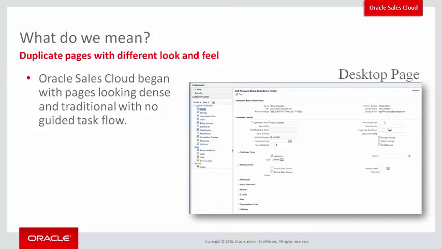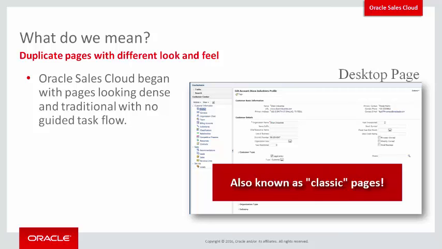First of all, what exactly do we mean when we talk about the simplified pages? Well, Oracle Sales Cloud began with a user interface consisting of pages that looked fairly dense and traditional, with no real guided task flow. They're the original desktop or classic pages.